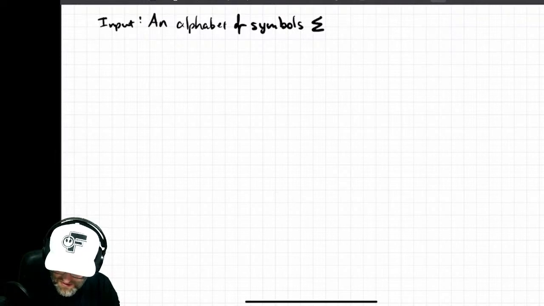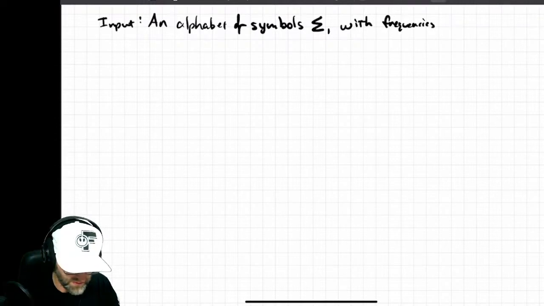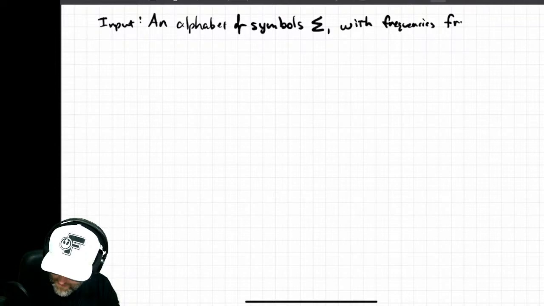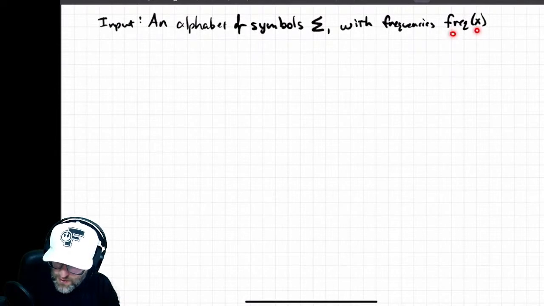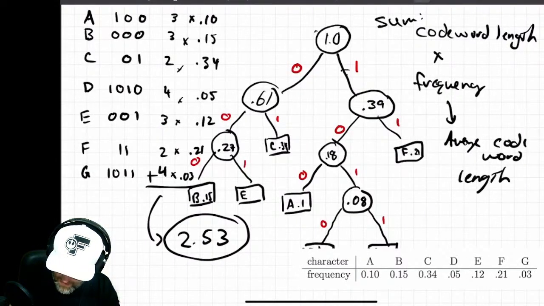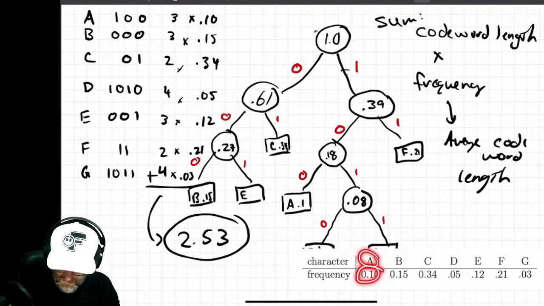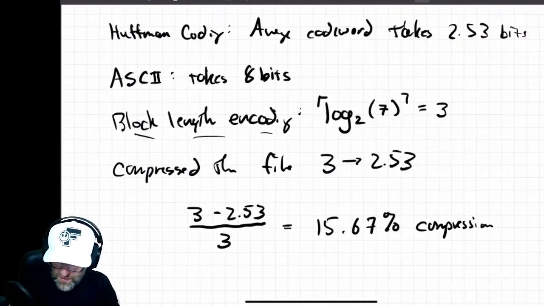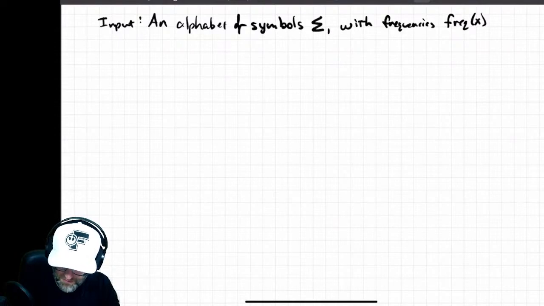And usually we use sigma as our alphabet with frequencies. I'll just go ahead and go FREQ for short here. So X is a symbol, and FREQ is the frequency of that symbol. For our input over here, it would end up being A is our symbol, and then 0.1 is the value that's given. Right? And that's a part of our input.